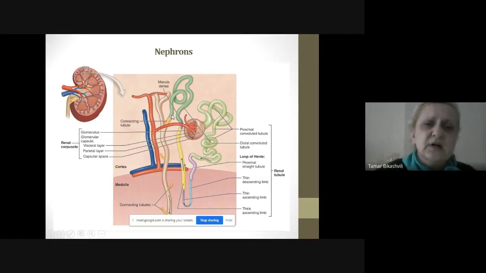From this start the connecting tubules, short connecting tubules, and the next are the collecting ducts. About collecting ducts, we'll talk next week.